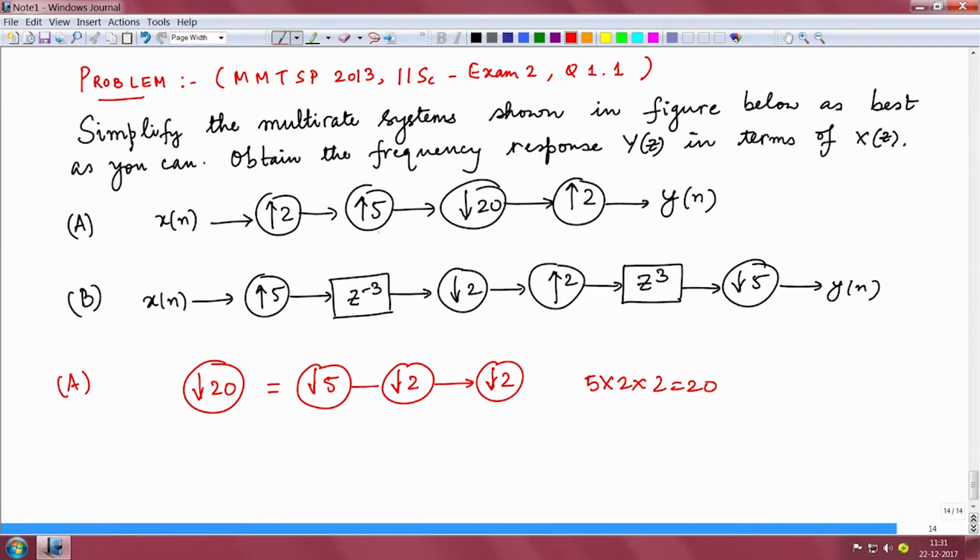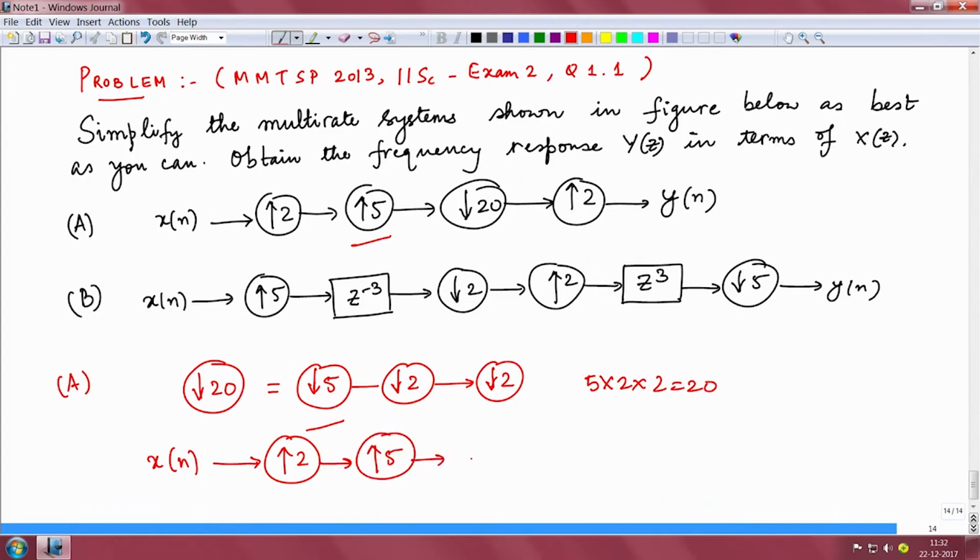Because we have this upsampler 5 and we would like to undo what the upsampler does by having a downsampler 5. So, if we proceed in this direction, what we will get is this upsampler 2 followed by this upsampler 5 which is given.